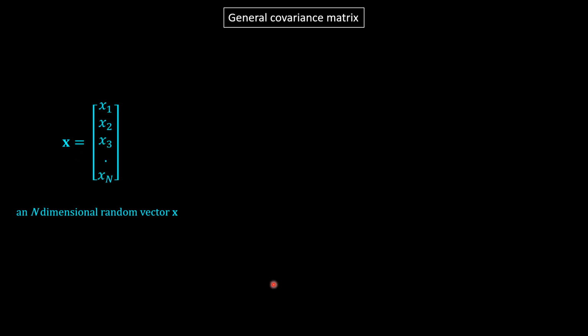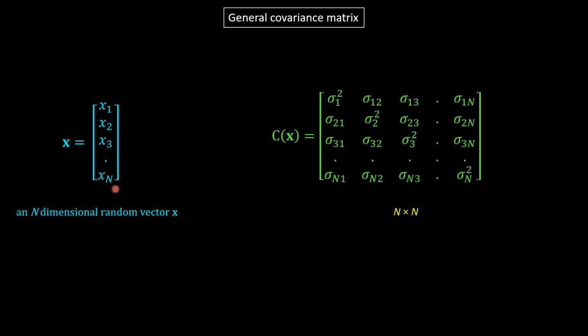These slides, by the way, are taken from another video on the mathematics behind PEST and PEST++. So here we have a random vector x, its elements are random, and let's suppose there are n of these elements. These elements have a mean, but to describe the variability about that mean, we use a covariance matrix.